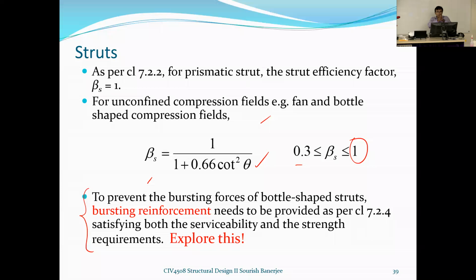If the compressive field suddenly becomes divergent, not slow divergence, it is sudden, then you actually get what is called a splitting type of failure or bursting type of failure. As a result, one needs to provide additional reinforcement to take care of the splitting or bursting phenomenon.